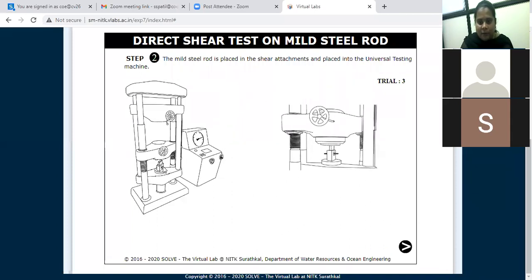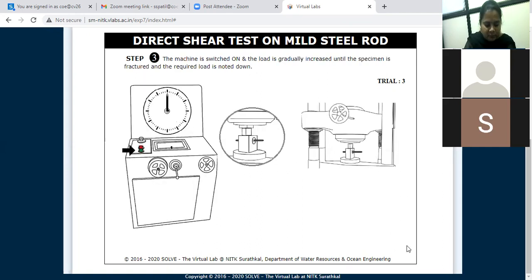After fixing the metallic rod, you have to place this shear assembly in between the intermediate and lower crosshead, then click the next button. Now click on the start button and observe the load and failure of the rod. So the failure load is 1700 kg.